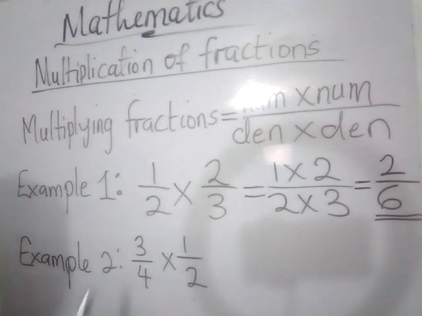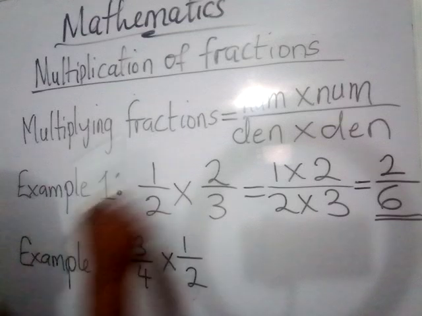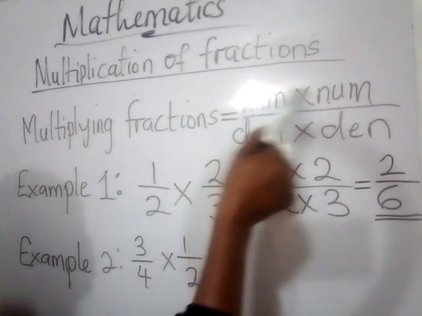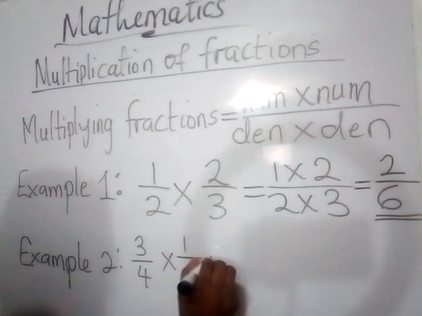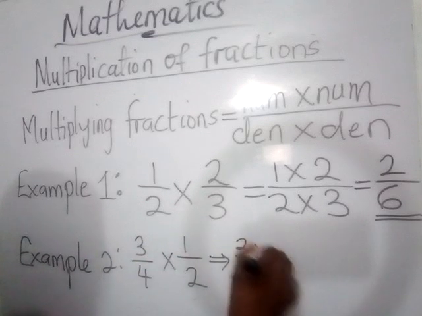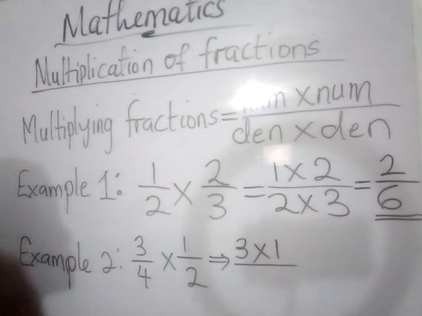So looking at this, how do we go about this? We come back here. The way to multiply fractions is simply numerator times numerator over denominator times denominator. So the first numerator is 3 and the second numerator is 1, you rule a horizontal line.